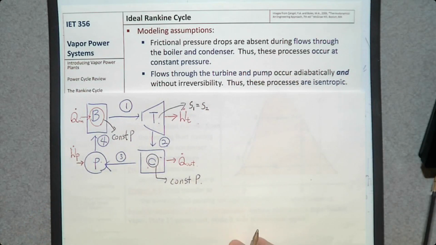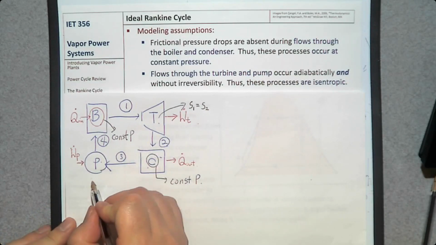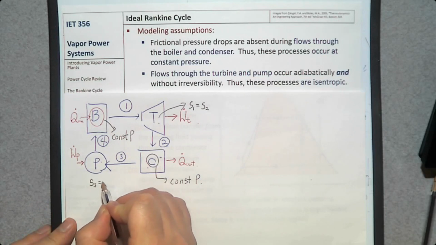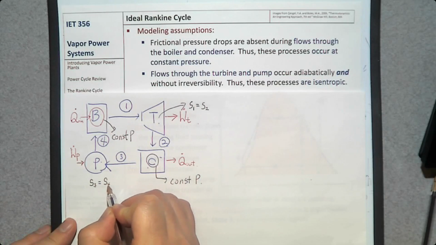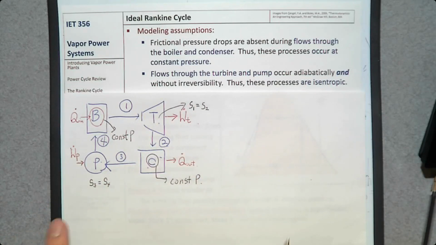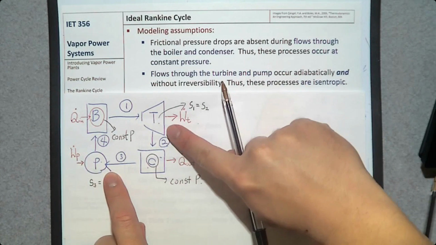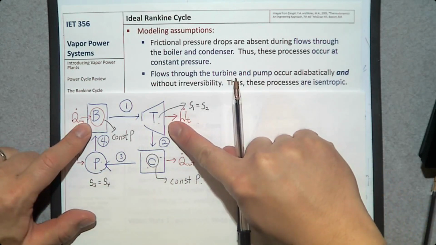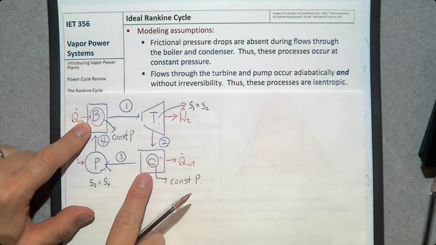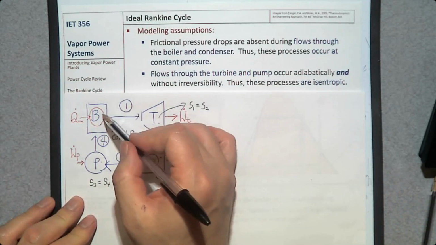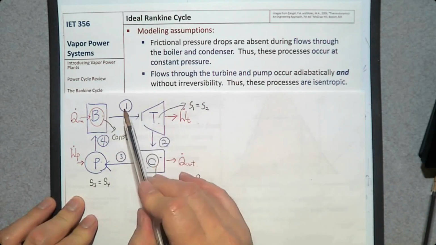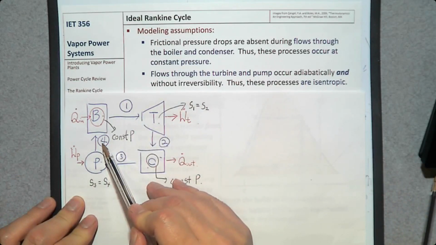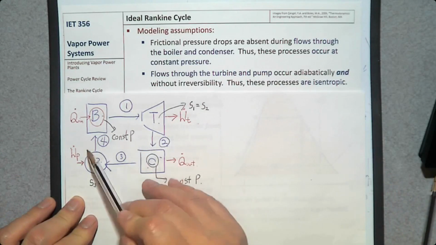And we also assume the pump is an isentropic pump. That means the entropy at the inlet S3 is the same as S4. So we have 2 assumptions: isentropic pump, isentropic turbine, and the other assumption is constant pressure boiler and constant pressure condenser. Since this one is constant pressure, the inlet pressure number 4 and the exit pressure number 1, they are the same.